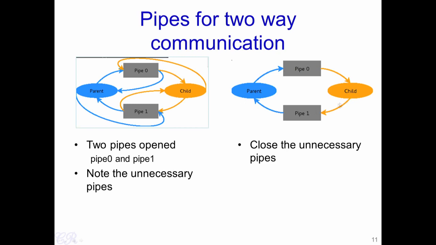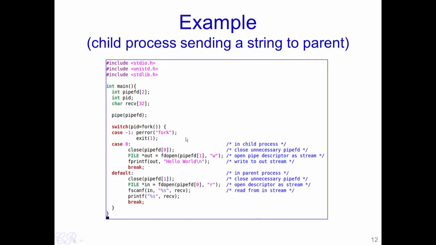The child opens this pipe in the write mode and puts hello world into this pipe, while the parent then opens the pipe 1 in the read mode and reads the string hello world from the pipe. Thus, the string hello world has been transferred from the child to the parent. You can actually try to implement this particular program and execute it in a Linux system.